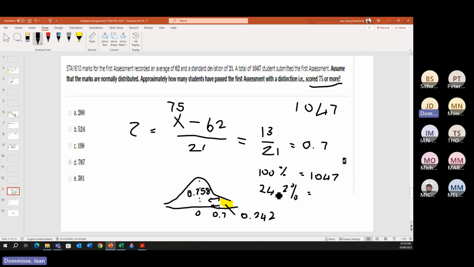Normally distributed, so we can basically say that 0.242 times 1047 will give us how many students fall into that yellow block.